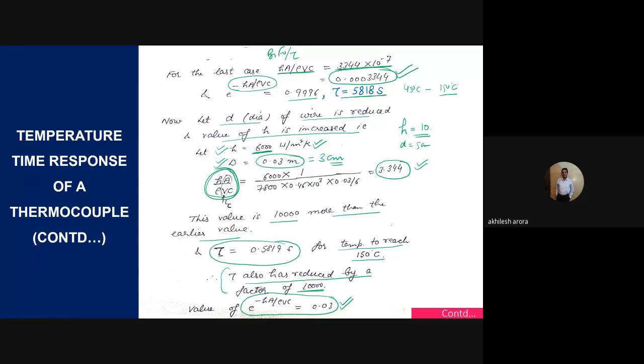So my purpose is to increase this value, so that it reaches infinity, because e raised to power minus infinity will tend to be, not 1, it will tend to be 0.